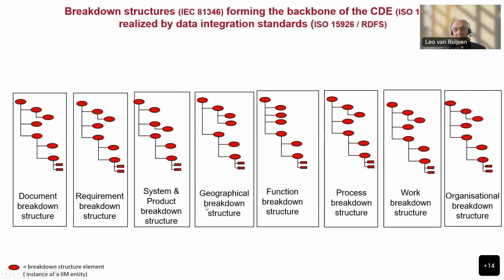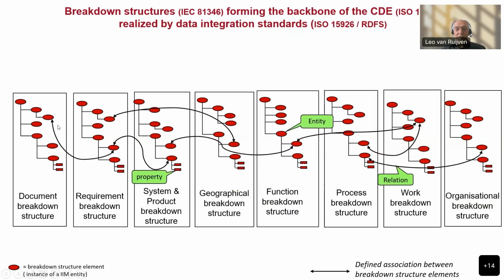So we recognized eight main structures: a document structure, requirement, the system and product breakdown structure, a geographical breakdown, function, process, work, and organizational breakdown structure. And we defined relationships between the elements of those structures and defined properties on each element level.